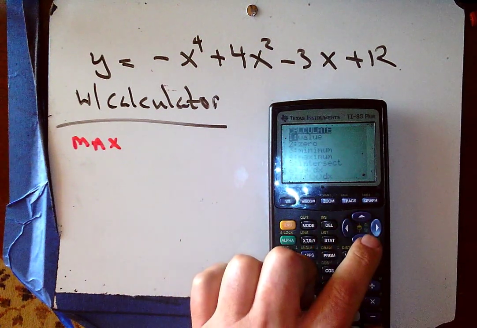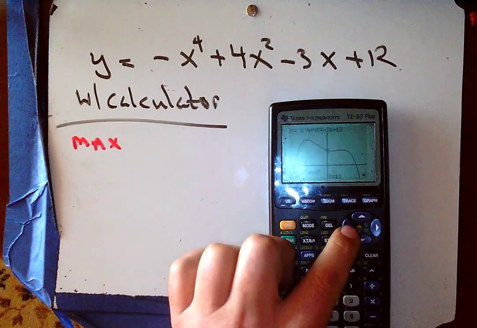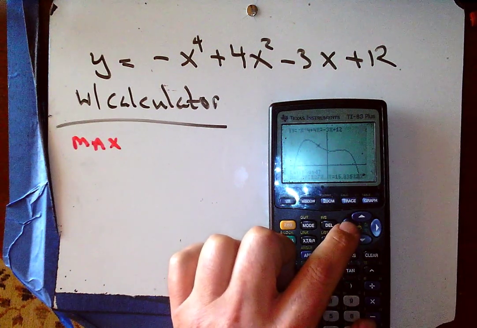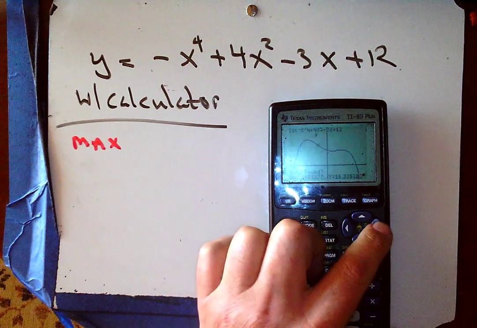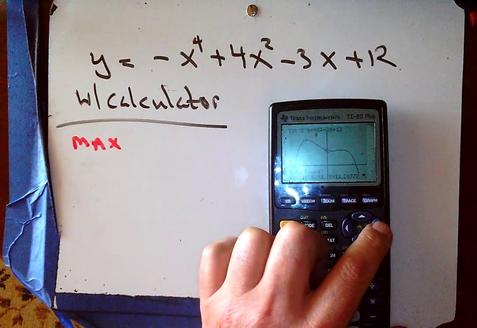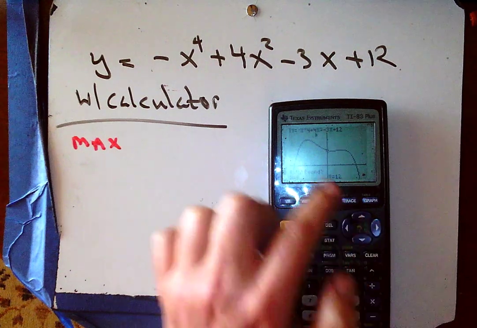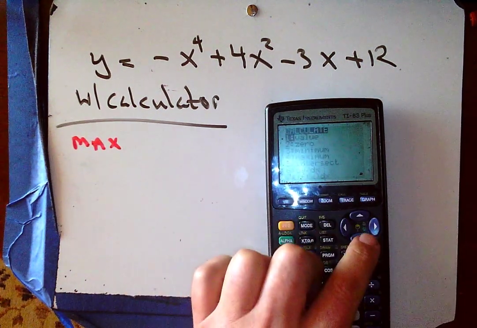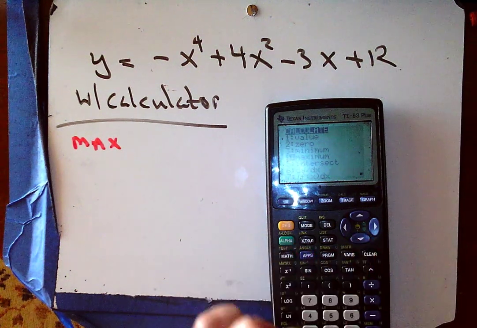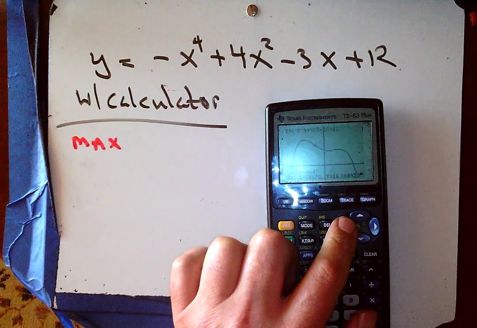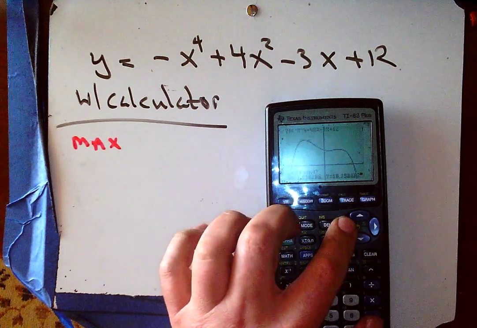Second, calculate max. I move my cursor to the left side of the max and hit enter. I move my cursor back to the, oops, see, I wasn't on the left side of the max. Oh well, try again. Second, calculate maximum. Okay, here we go. We're going to the left side. Slowly chugging our way over there.